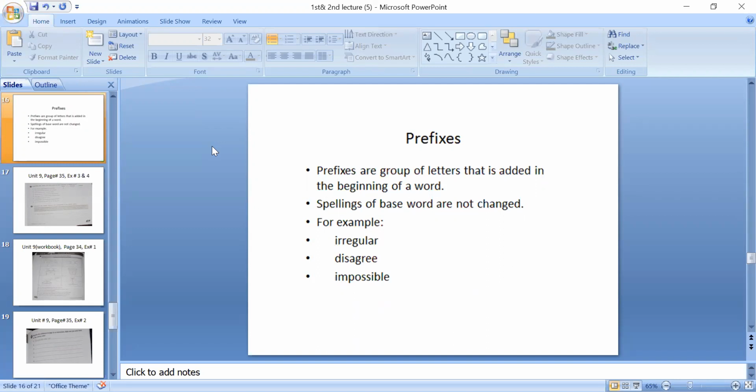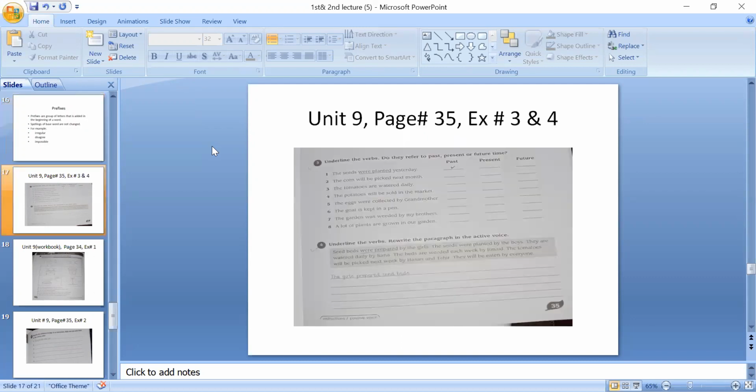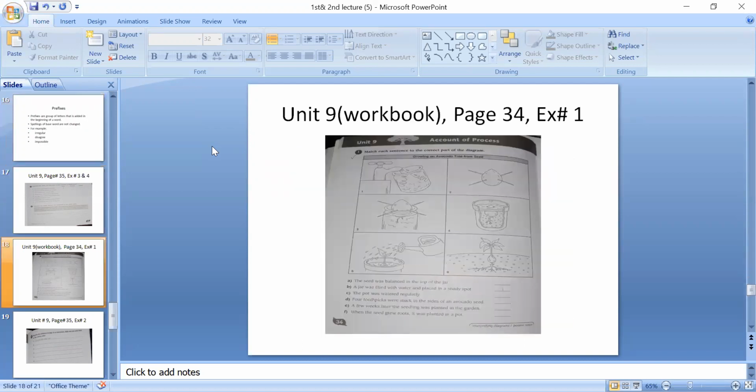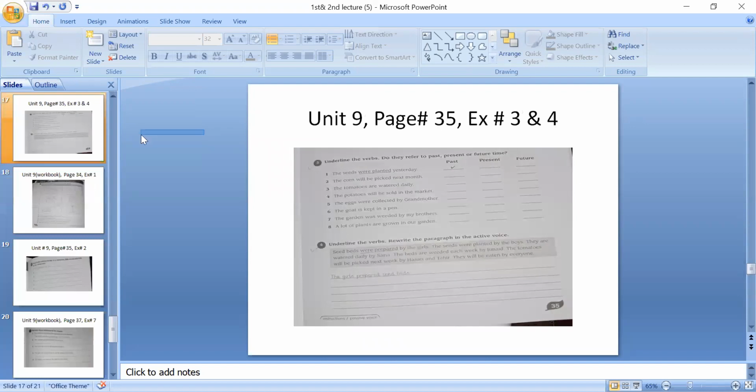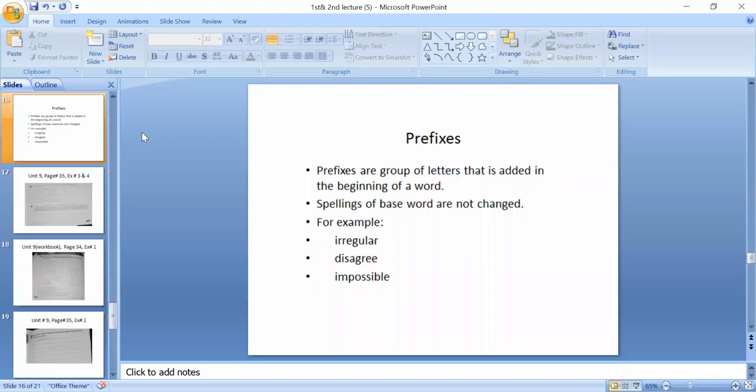It's unit number 9, page 37, exercise 7.